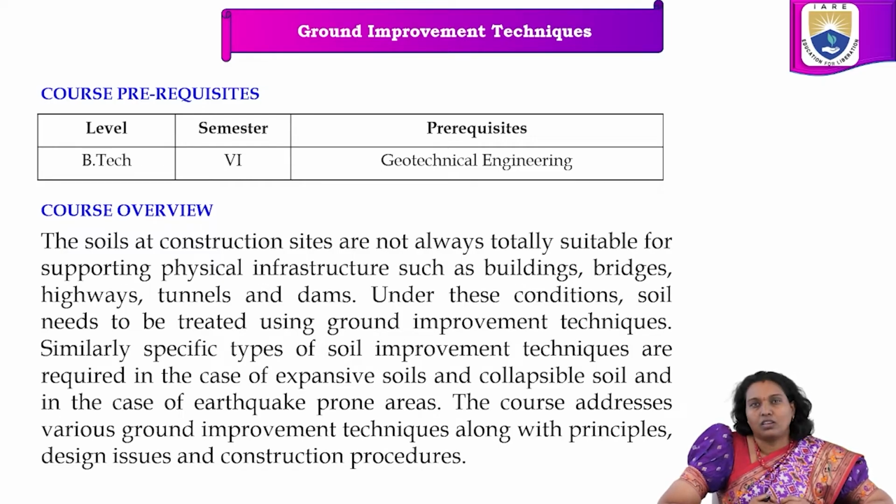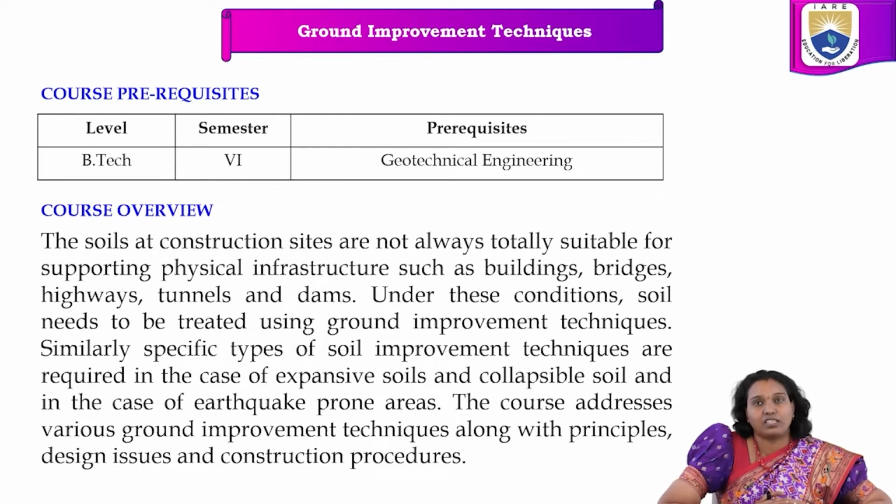Every region does not have the same type of soil conditions. Even within a region, every 100 meters, every 200 meters, every kilometer, it depends on the geographical and geological conditions how the soil is.